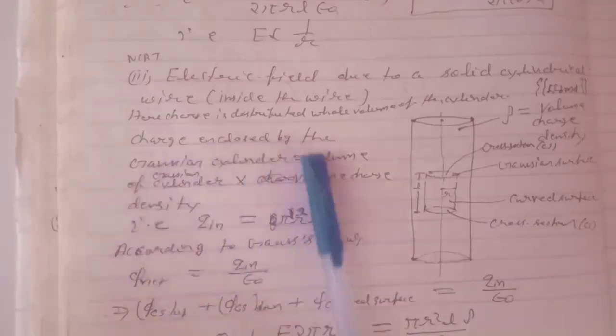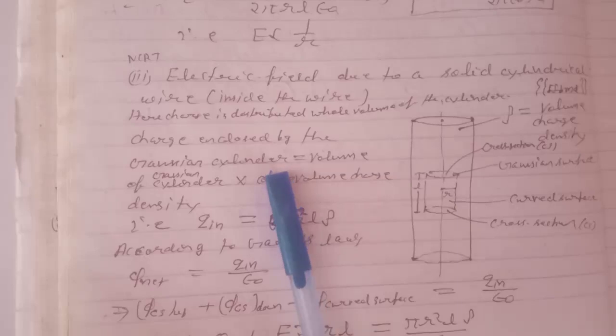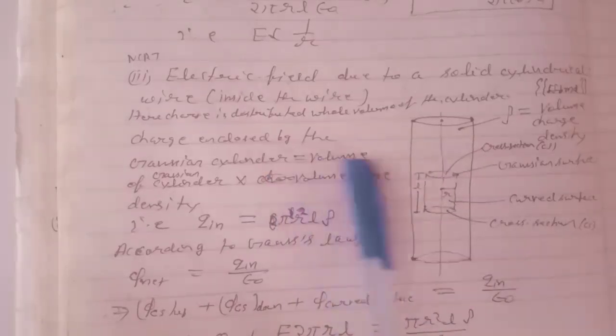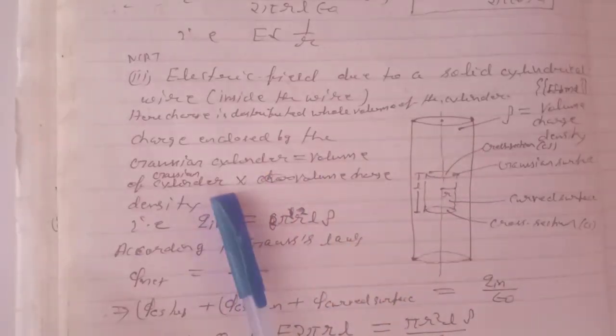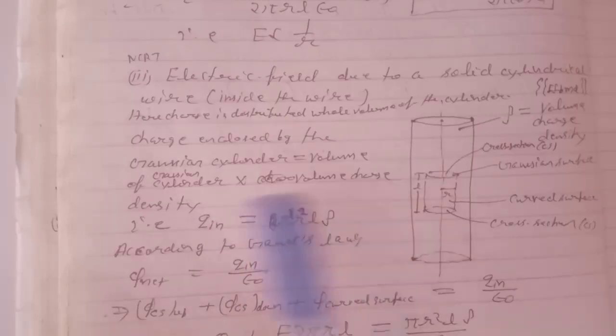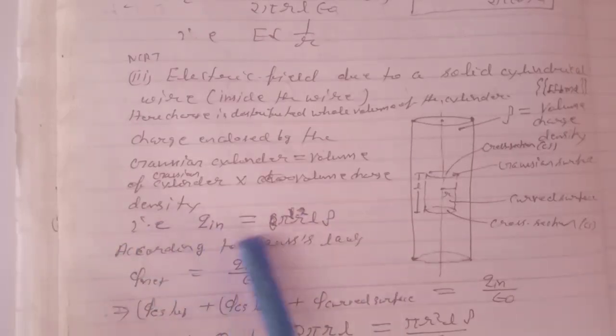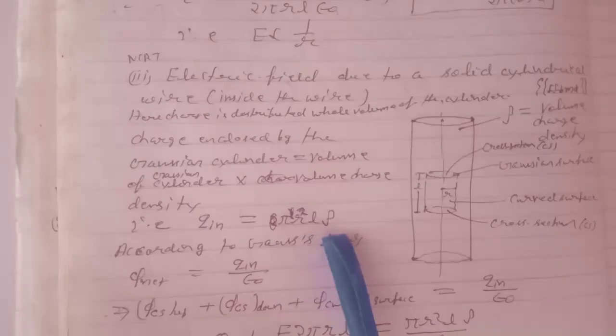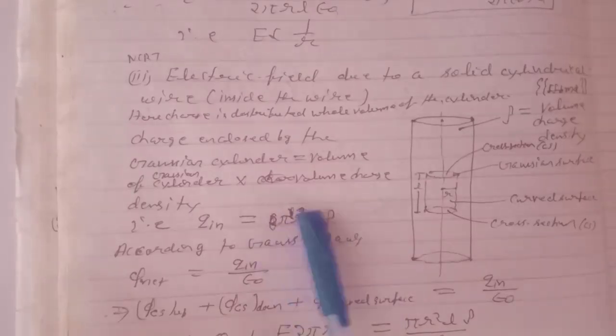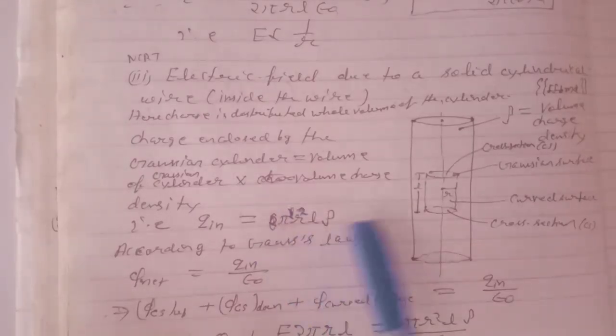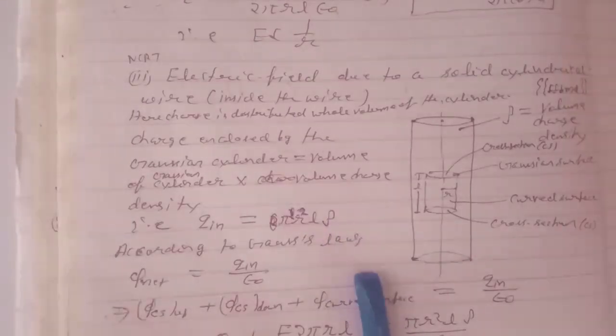Here the charge enclosed by the Gaussian cylinder will be given by the volume of the Gaussian cylinder times the volume charge density, that is Q in equals pi r square L rho, because the volume of the cylinder is pi r square L and the volume charge density is rho.